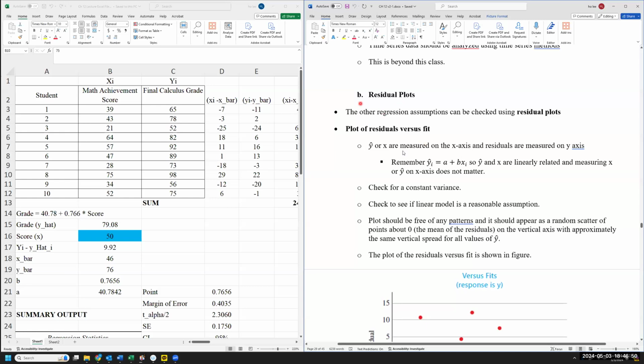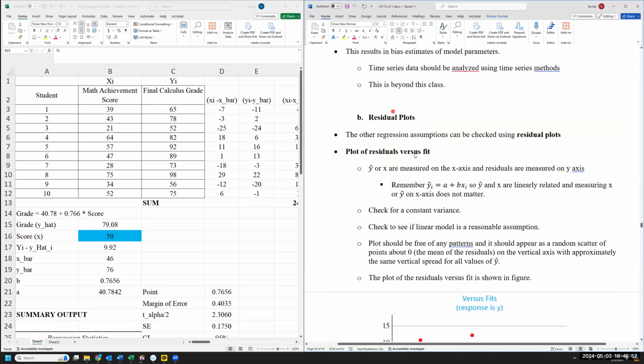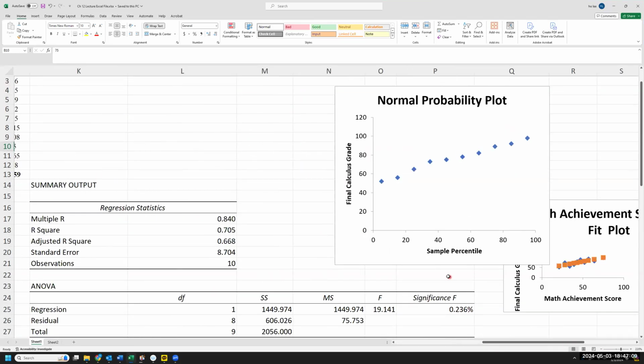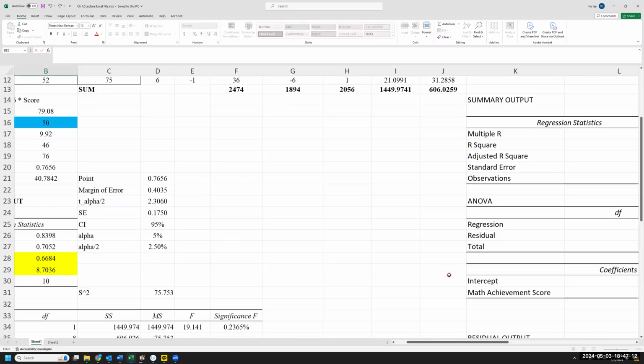But before I introduce this, I'm going to go into our Excel file and do additional analysis that we haven't done already. Let's open it up and you will see it here. But we're going to assume that I didn't do it.